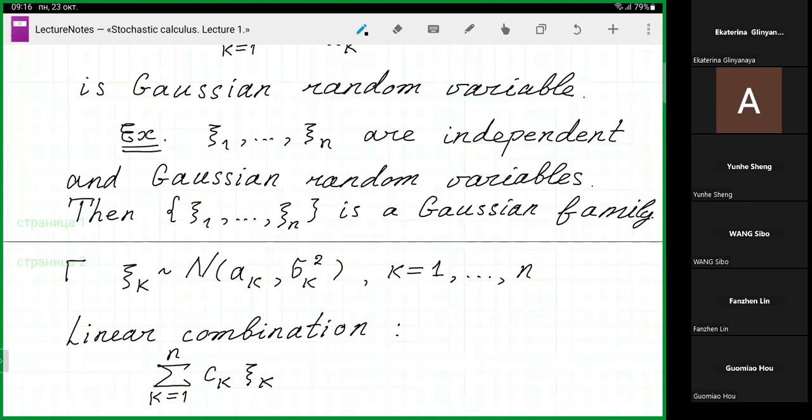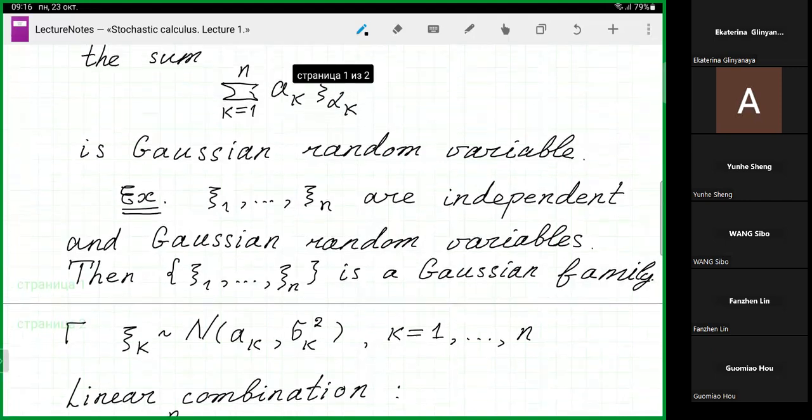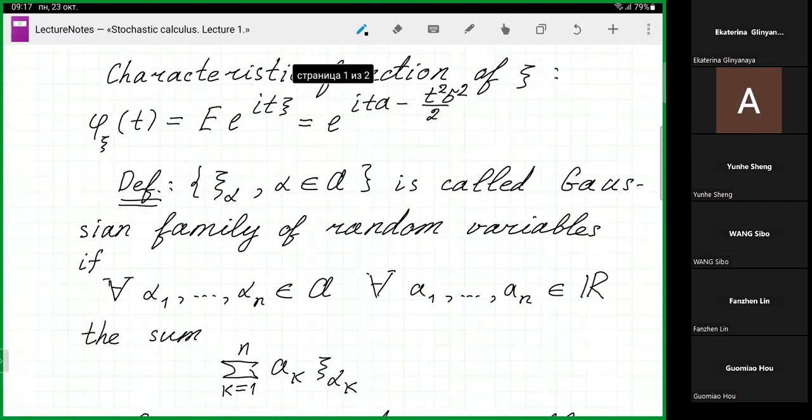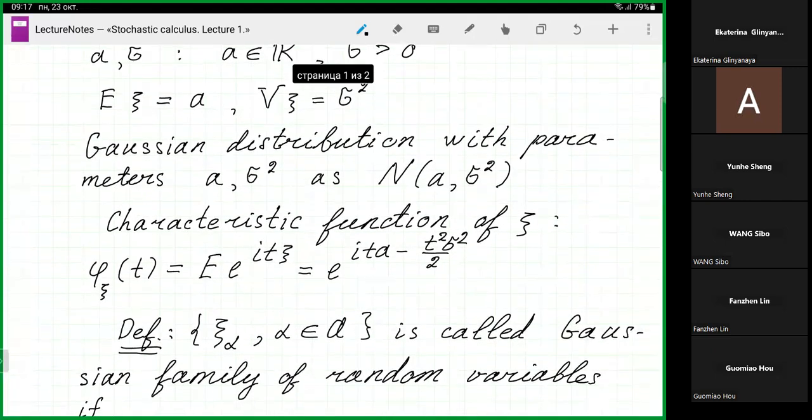How can one check this? Maybe you remember that we already have an expression for the characteristic function of a Gaussian random variable. Also, you know from the probability course that the characteristic function uniquely defines the distribution of a random variable.